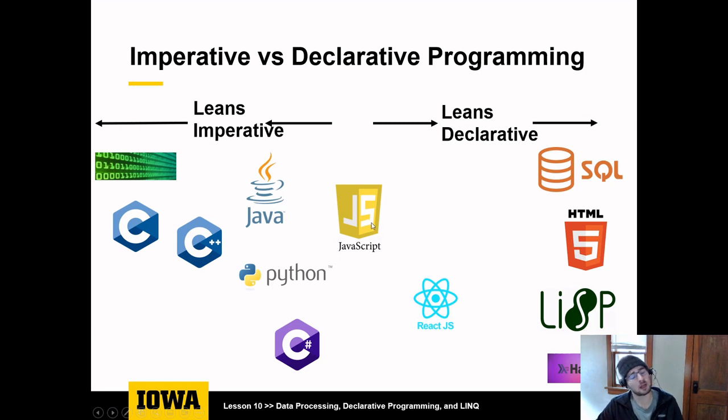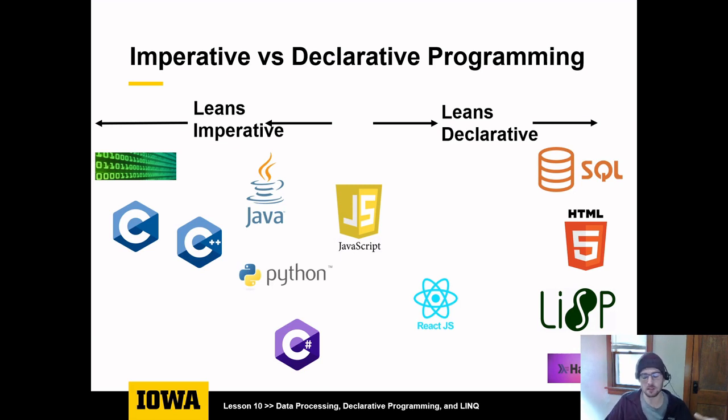And another, possibly a better example of that is between JavaScript and React.js. So JavaScript is a base language. It sits somewhere in the middle between being imperative and declarative. And React.js is just JavaScript, except it's built this entire framework and set of libraries around JavaScript that makes it easy to do certain things.